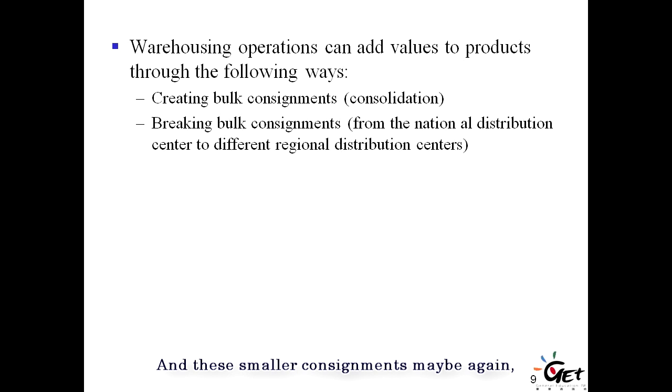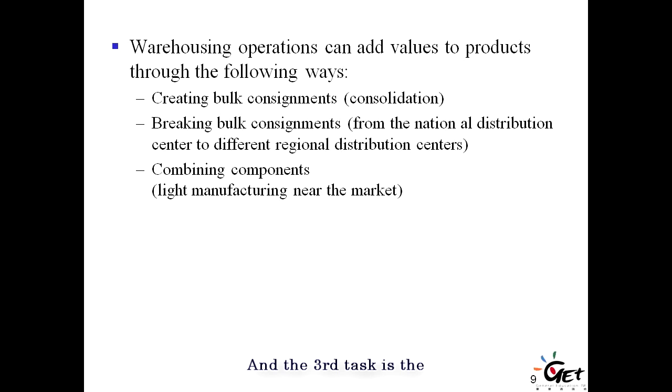And then these smaller consignments may again be sent to downstream firms, downstream organizations along the supply chain. Not every firm does these two tasks at the same time, okay, because of their properties and their positions in the supply chain. Some warehouses do the first one, the bulk consignment consolidation, and some warehouses downstream maybe do the consignment breaking, etc. And the third task is the light assembly, as I just mentioned.